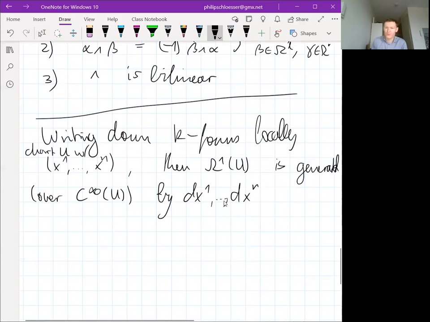And in a similar way, we can see that when we take products of these dxi, they generate omega k, namely always wedge products of k many of these.